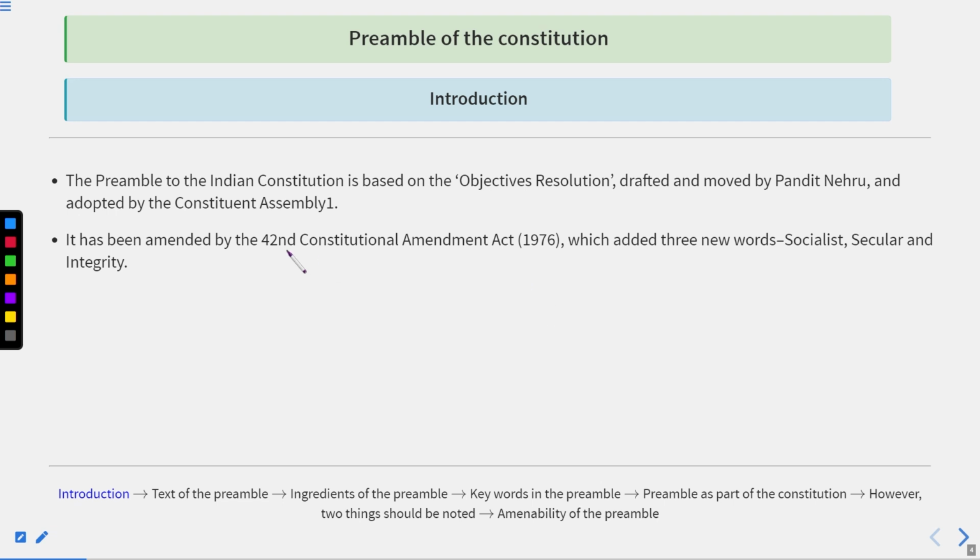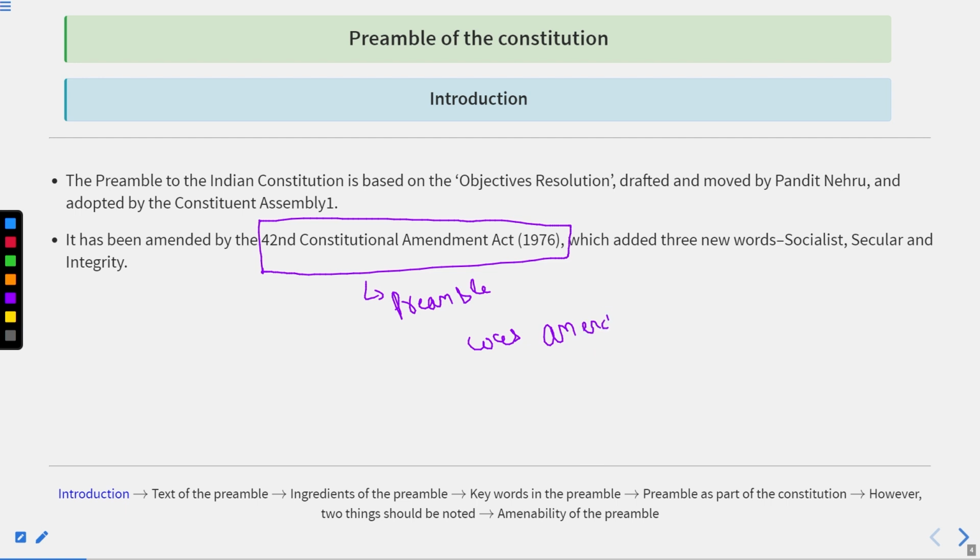Like this one. So, here, basically in 42nd Constitutional Amendment Act 1976. Okay. For the first time, the preamble was amended.